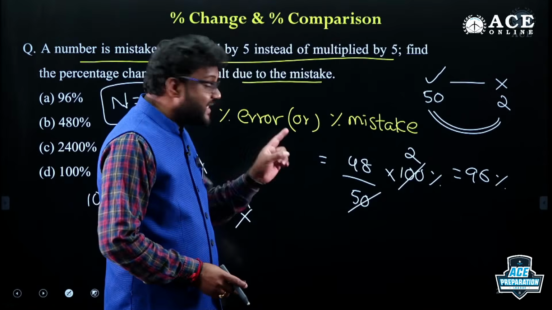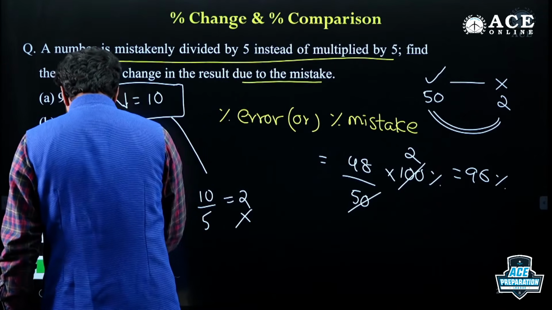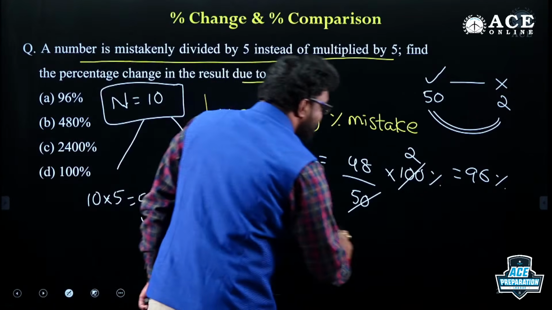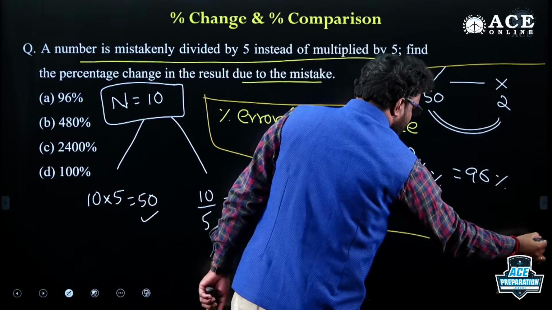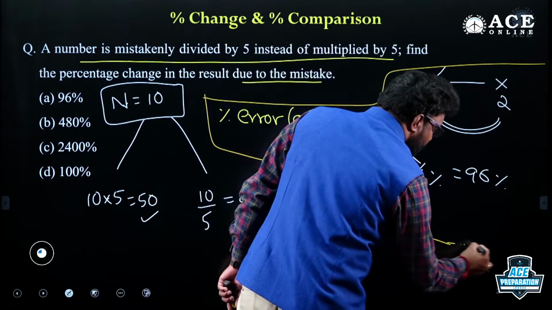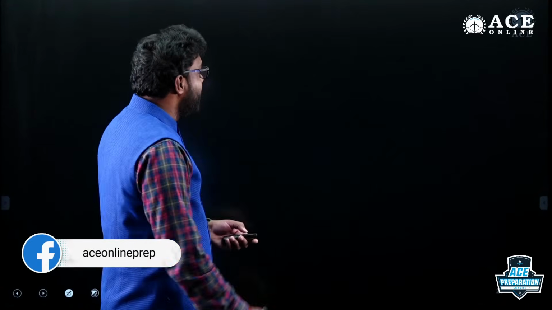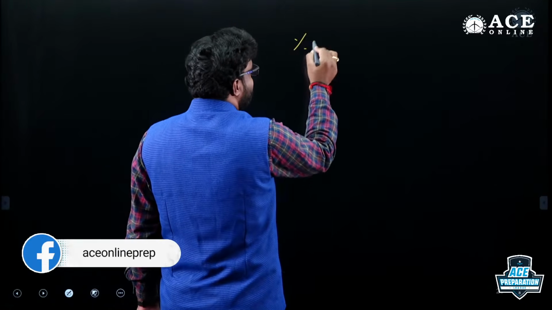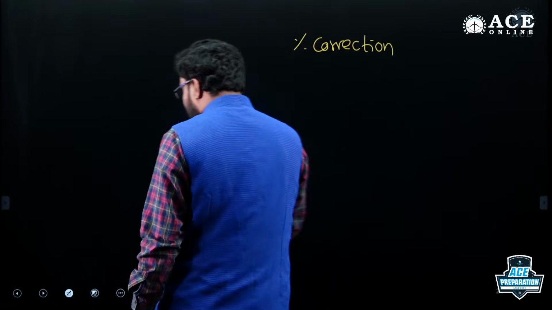Now the same question, for your better clarity. If they ask percentage correction, then your answer is different. This is percentage error. And if you want percentage correction, my dear friends, it's a different style. Now see, correction means what?